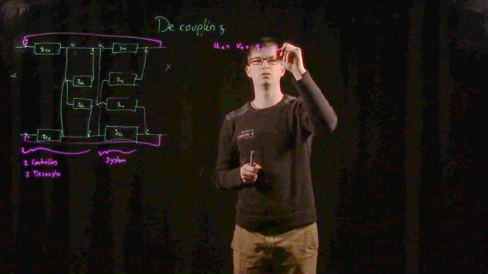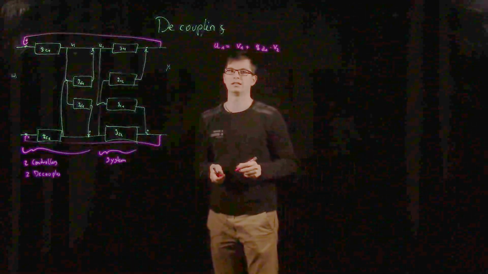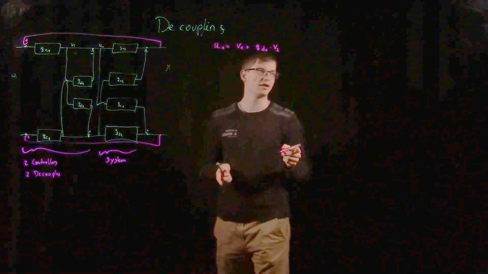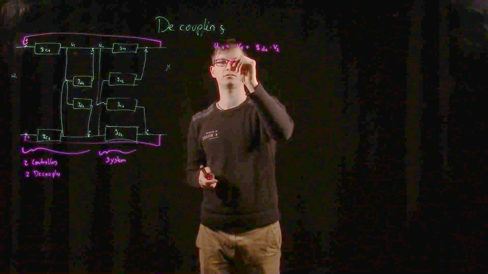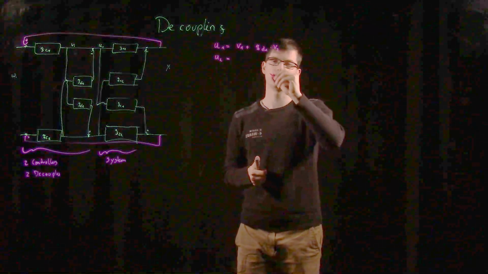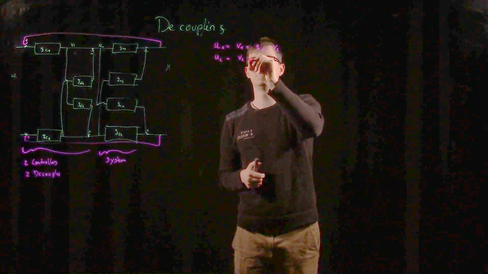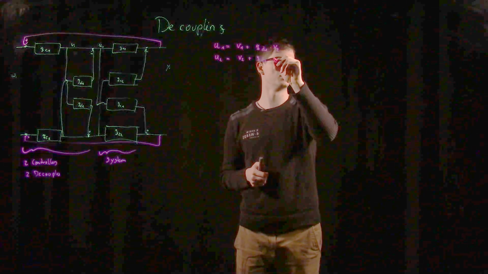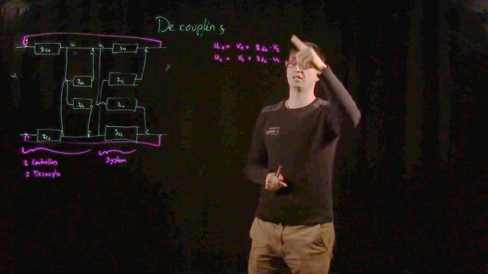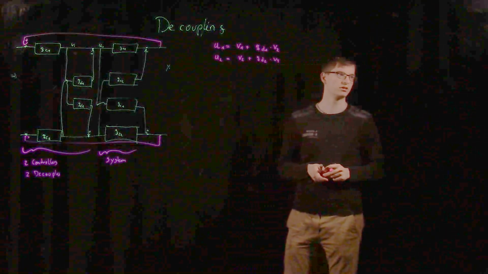This is one thing we know, and on the other hand, for U2, it's V2 plus GD2 times V1. So actually just the other way around. We just shifted some numbers.